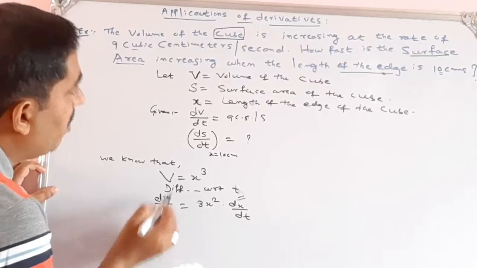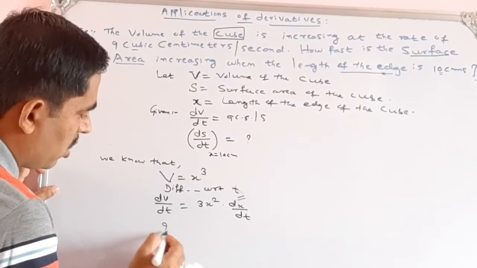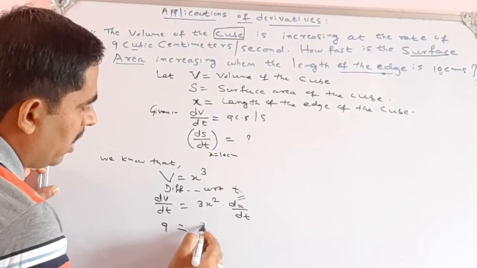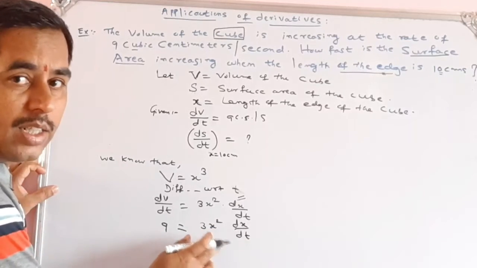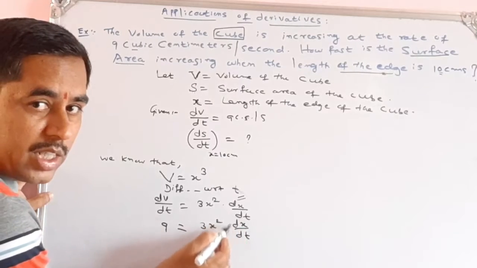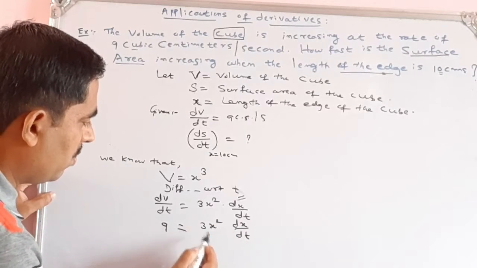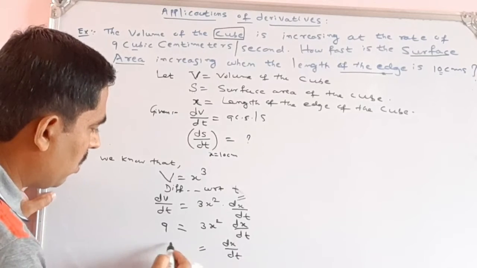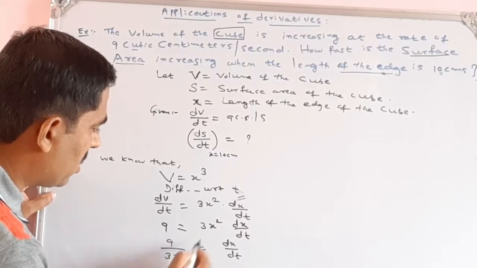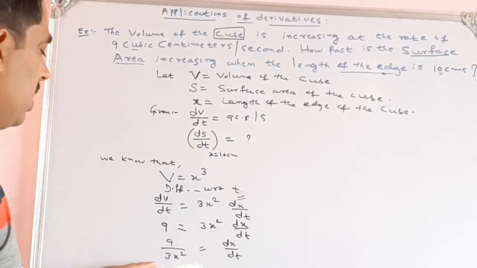On the left-hand side, dV by dt is given as 9. So substitute 9: 9 equals 3x squared into dx by dt. Then solve for dx by dt. So dx by dt equals 9 divided by 3x squared.